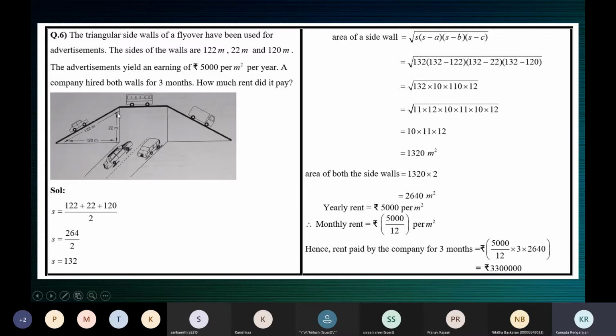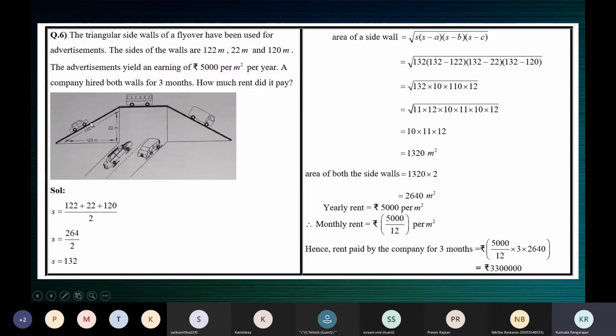Or if you take 22 as the base, the altitude corresponding to 22 is this one, 120. The side itself is the altitude. If you regard this as the base, this side itself is also the altitude on this side.